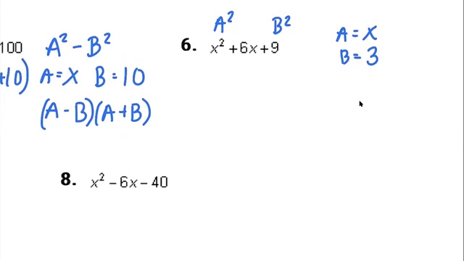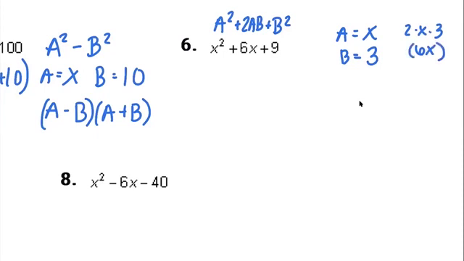And then if you remember this middle part here, this is going to give me 2ab. So 2 times a times b. So 2 times x times b gives me 6x.